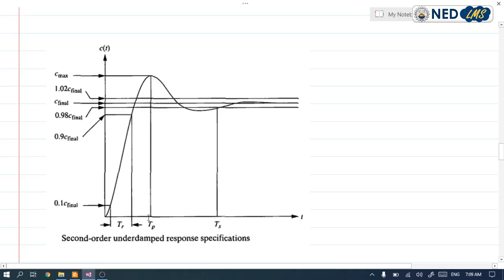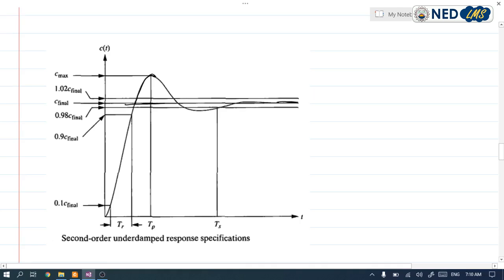So this is the peak time, and for percentage overshoot, you can see that this is my maximum value, this is my steady state value, and my output response will increase from this final steady state value up to this point, and then after some time it settles down here.